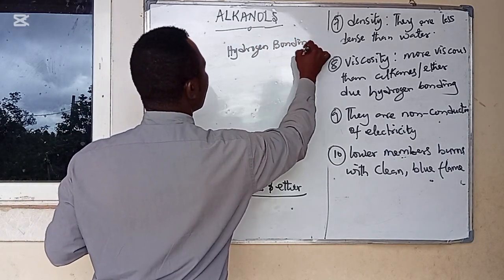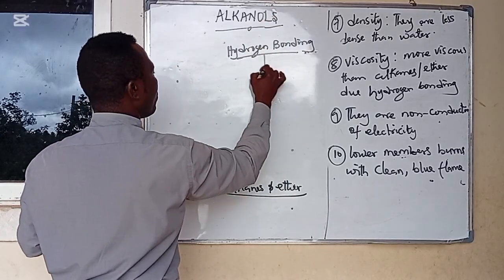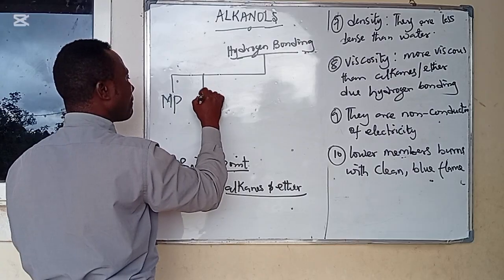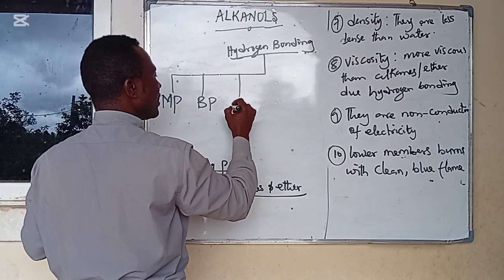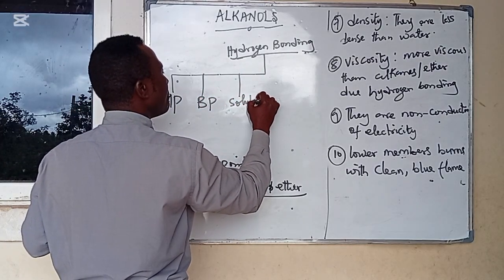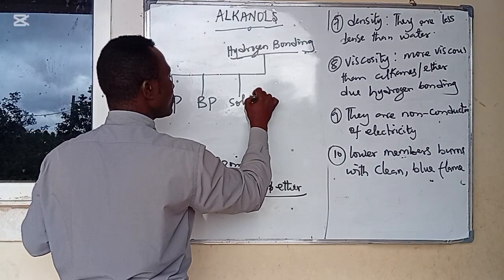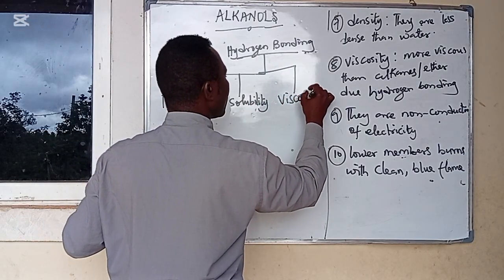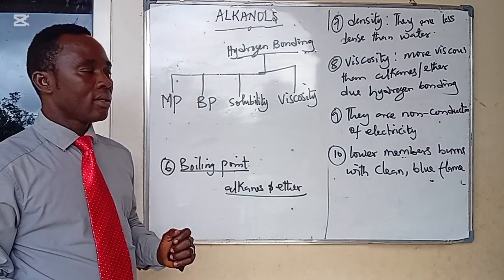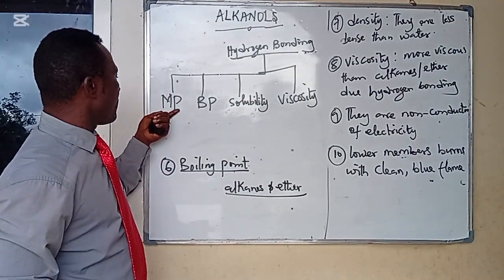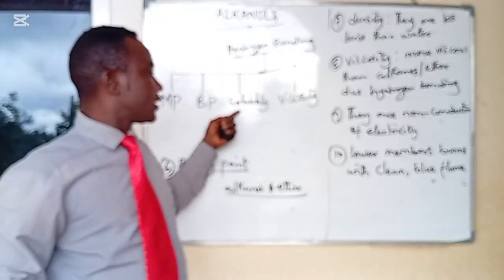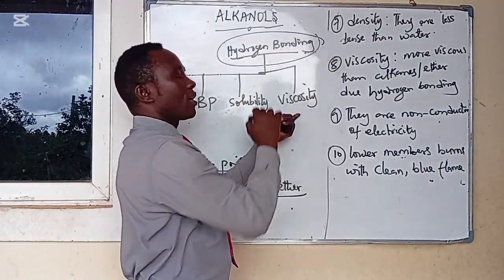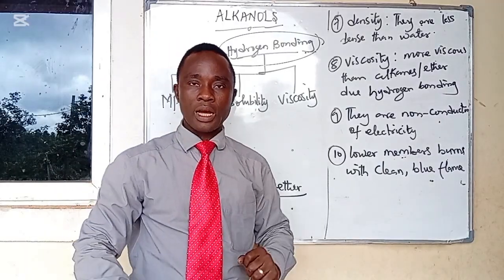So the hydrogen bonding in alkanols explains their melting point, explains their boiling point, explains their solubility, and also explains their viscosity. Don't forget that alkanols, their high melting point, boiling point, solubility, and viscosity is as a result of the hydrogen bonding in the functional group.